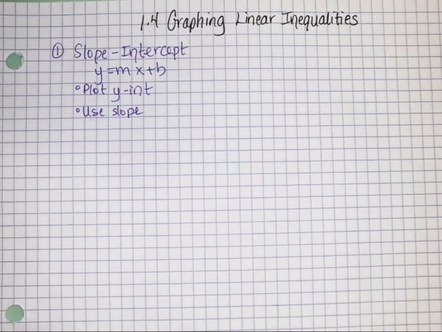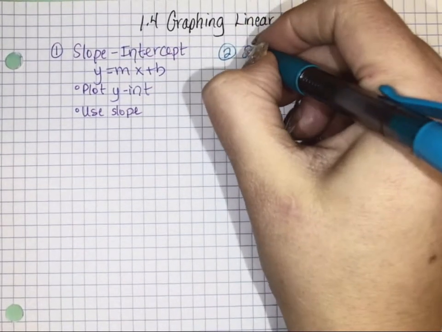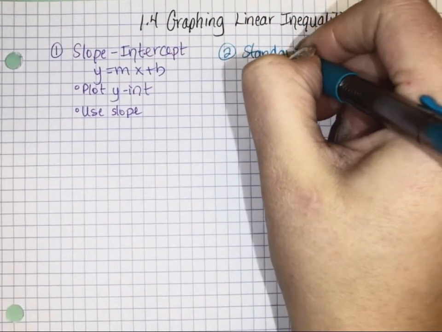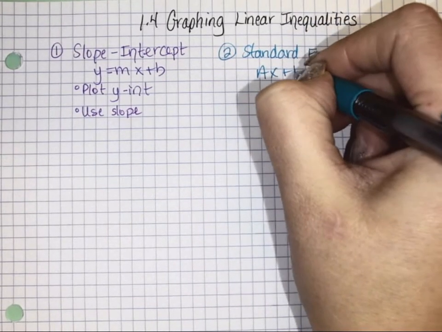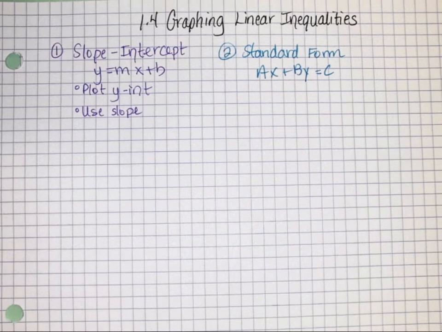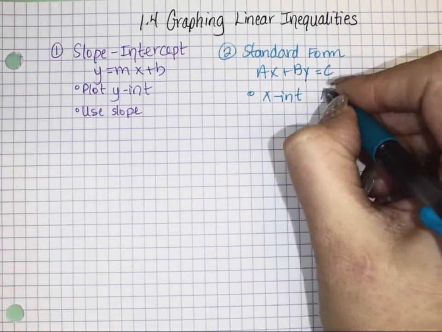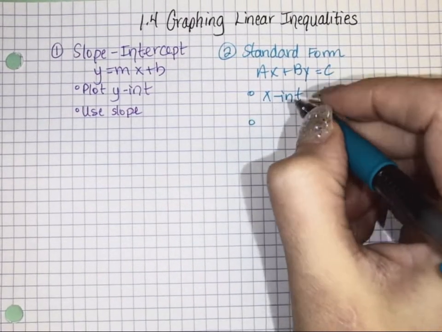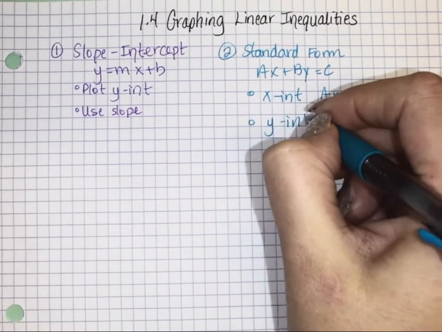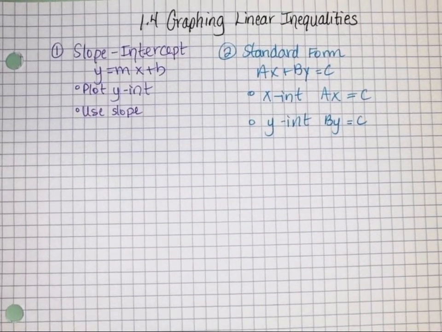And in the second type, which is standard form, it's ax plus by equals c. I would find my x-intercept by setting ax equal to c, plotting that on your x-axis, and then find my y-intercept by setting by equals c, plotting that on my y-axis.